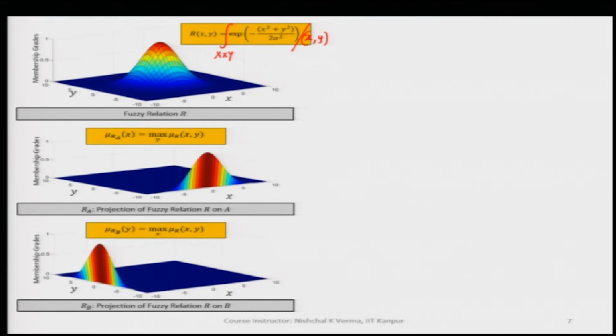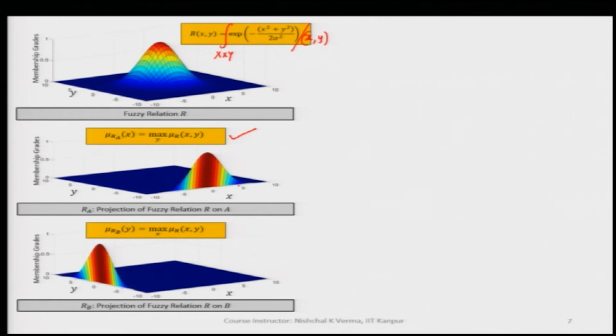If we do that, we apply this formula, and by doing this we can very easily find the projection of this fuzzy relation set on A. Let me just remind you that the projection of any fuzzy set reduces the dimension. So, it is eliminating the dimension.